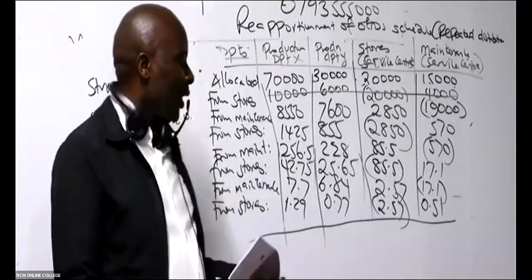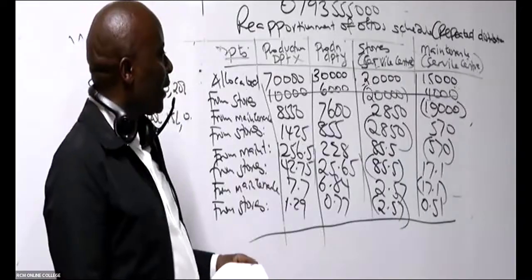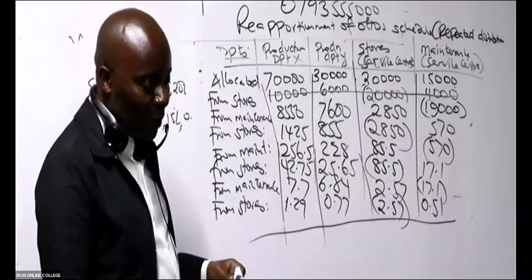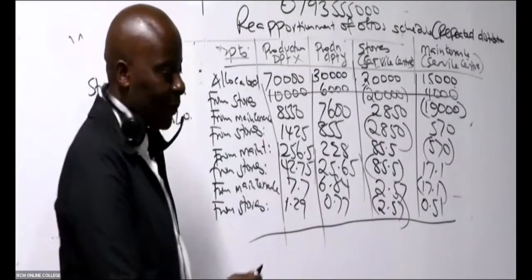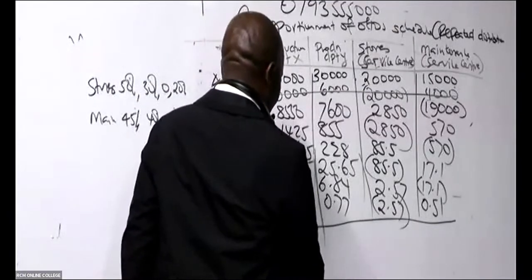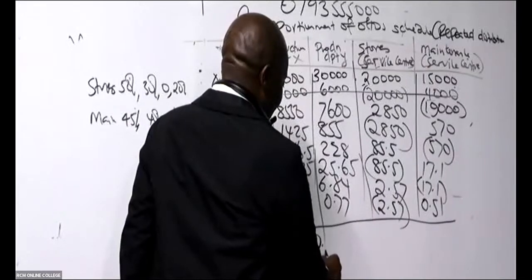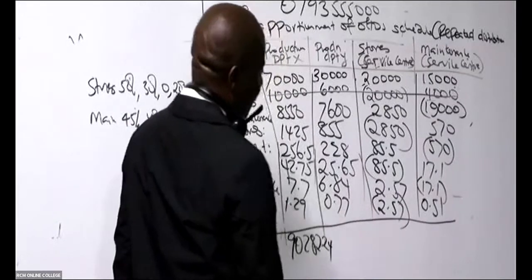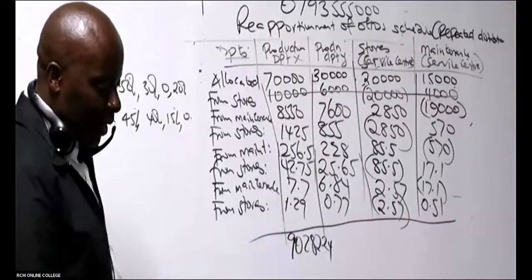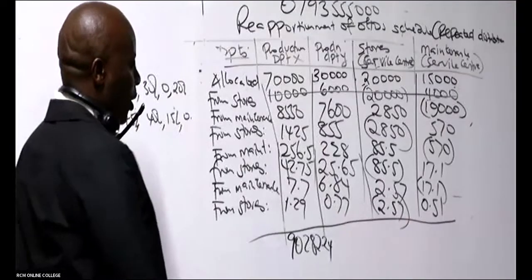So I'm being given figures, ladies and gentlemen, for production department X. How much are we getting? 280.24. Okay.